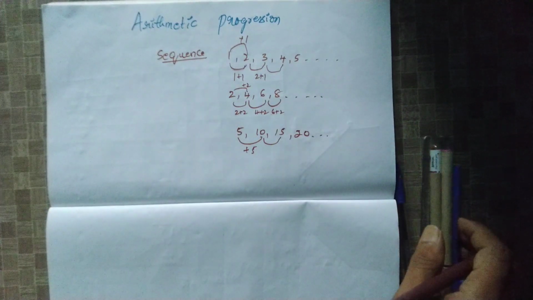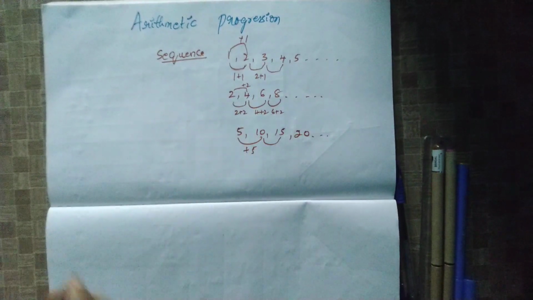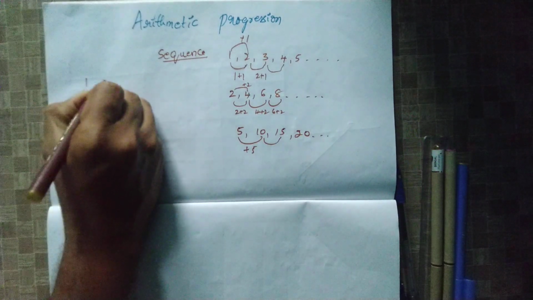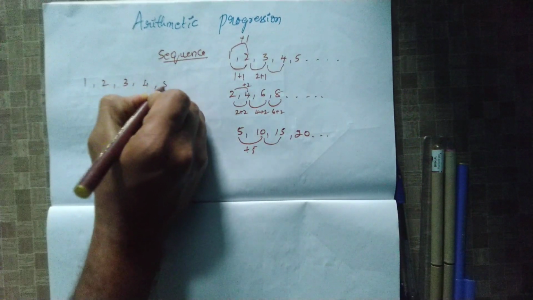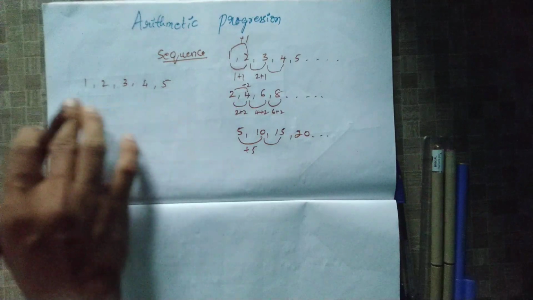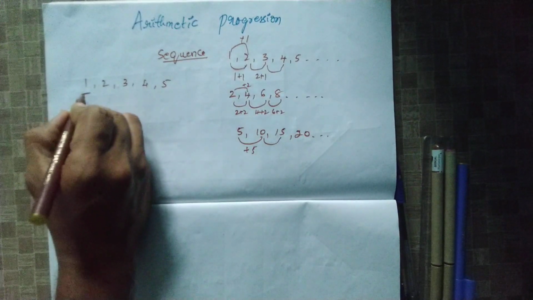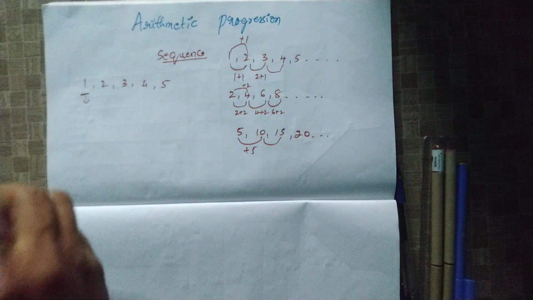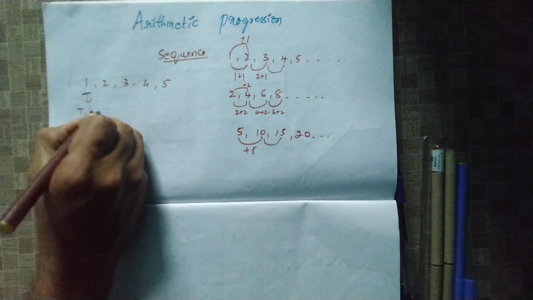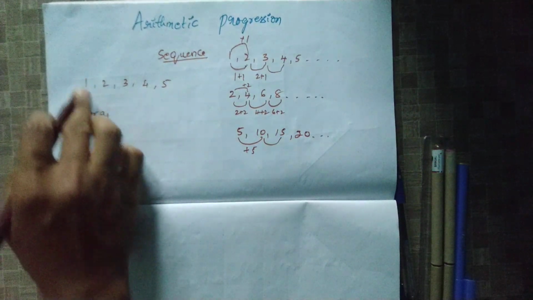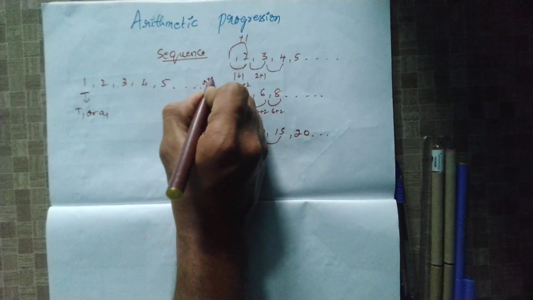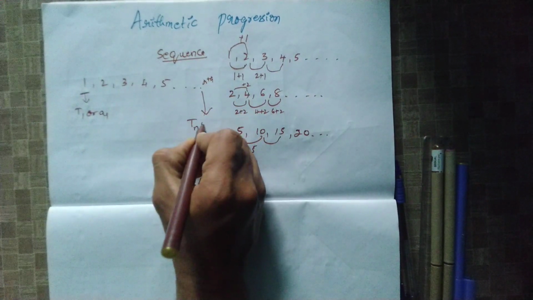In arithmetic progression, the same pattern follows. Imagine a sequence 1, 2, 3, 4, 5. In arithmetic progression, we call the first term T1 or A1, and up to the nth term we call it Tn or An.